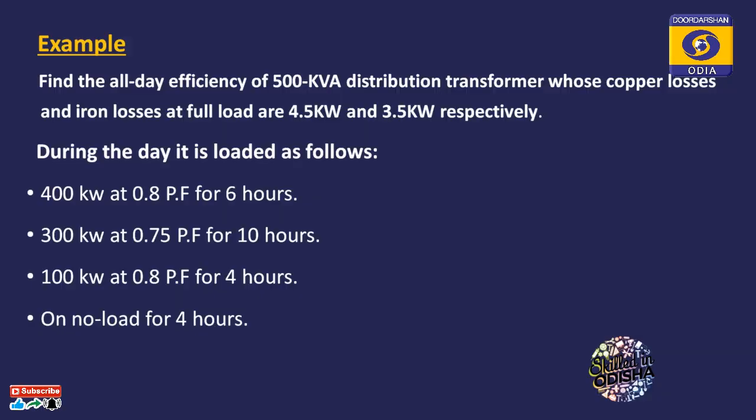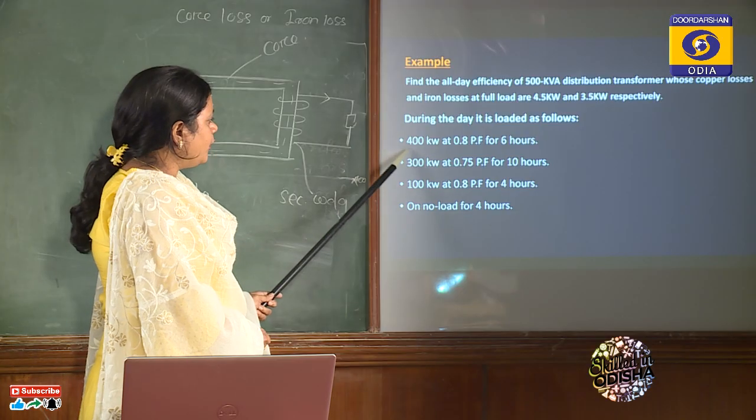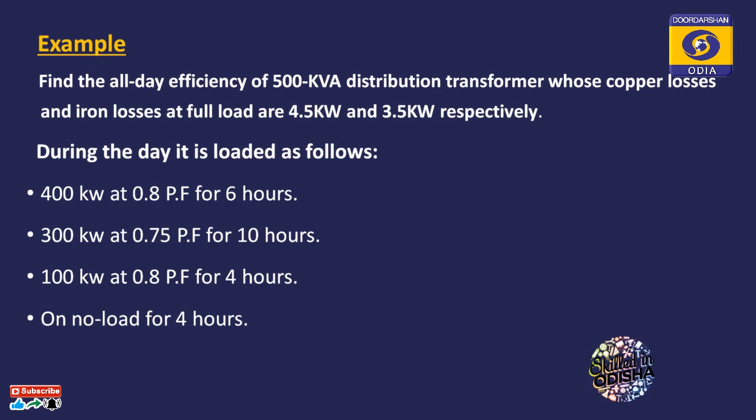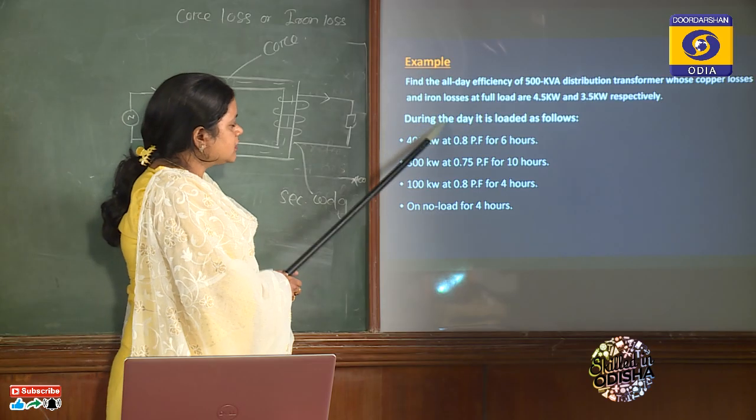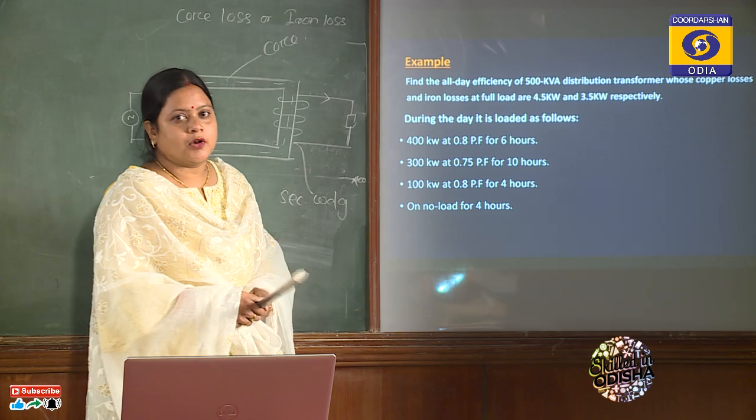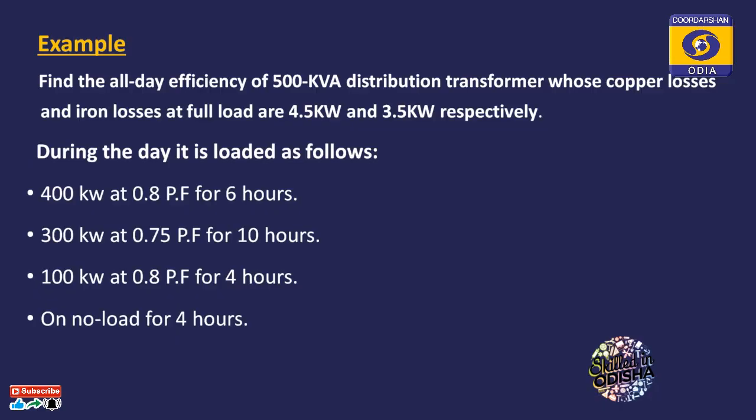During the day it is loaded as follows: 400 kilowatt at 0.8 power factor for 6 hours, 300 kilowatt at 0.75 power factor for 10 hours, then 100 kilowatt at 0.8 power factor for 4 hours, and the last is on no load for 4 hours. This is the load variation for a distribution transformer whose rating is 500 kVA.